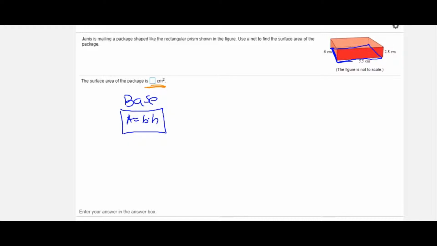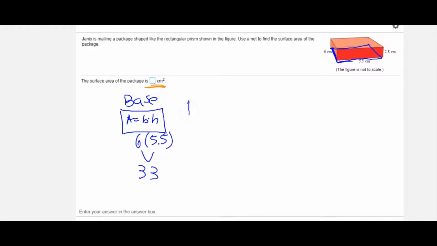So I'm going to substitute 6 and 5 5/10 into that. Once I multiply that, I'll get the area of my base, which is 33. Since I have 2 of those, I can multiply by 2, but I'm going to wait.